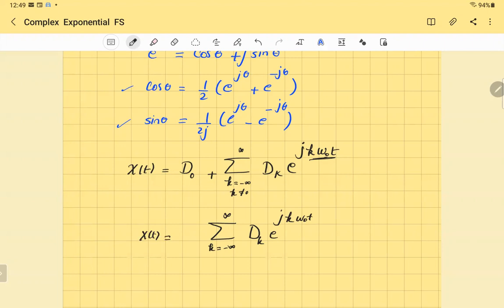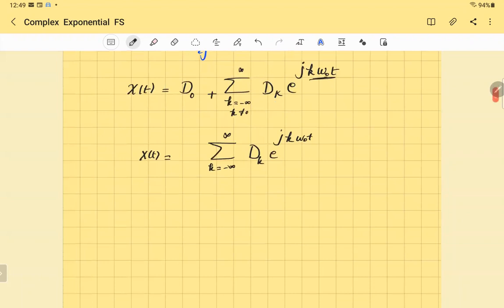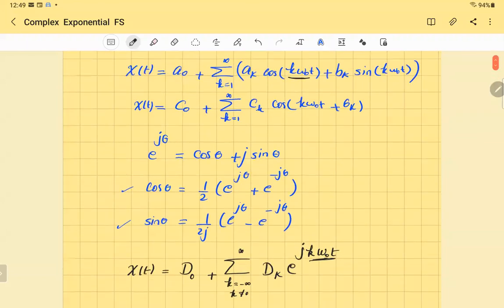Correct. How can you find dk? That's the most important thing. To find dk, it would be integration, as usual. It would be 1 over t naught, the integration over t naught, of the signal x of t, the same as we're doing with ak, bk, ck. But every time you multiply according to the terms that you have.